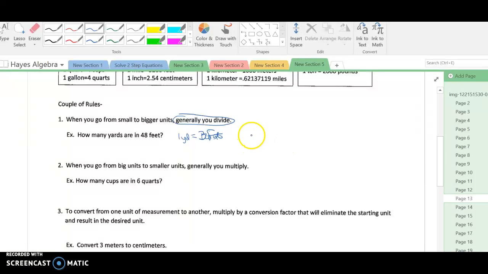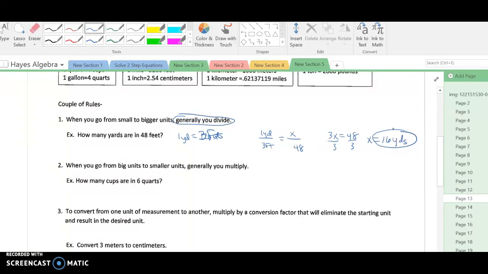Now, you can set up a proportion here. 1 yard to 3 feet is equal to how many yards in 48 feet? Now, when I cross multiply here, I get 3x equals 48. And now when I divide by 3, I get x equals 16. There are 16 yards, right, in 48 feet.